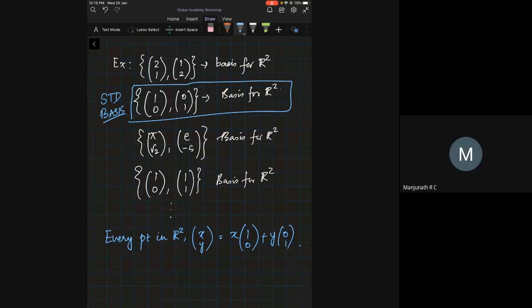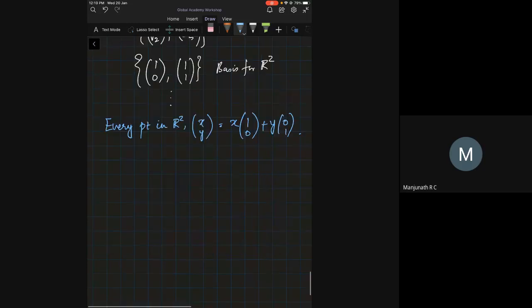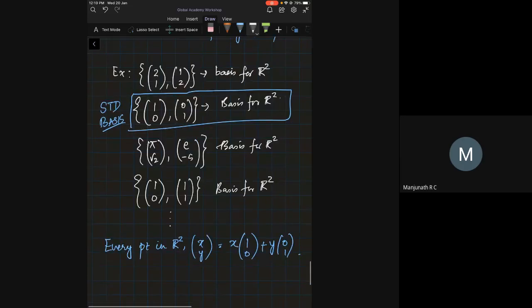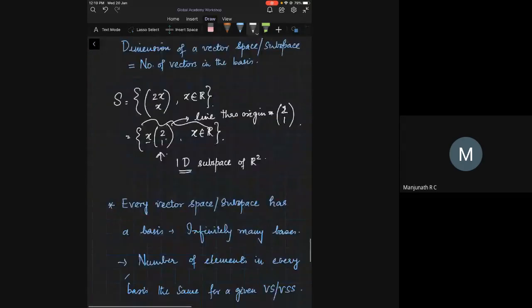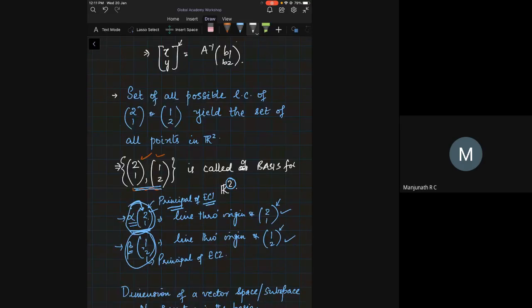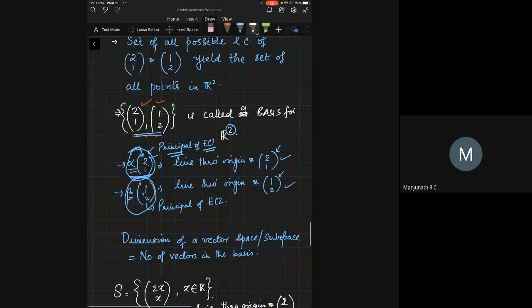Now I have a question. What is the definition of basis that we said? Oh, we haven't written that. Okay, let's write the definition.